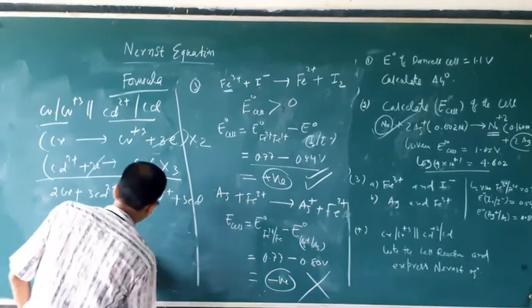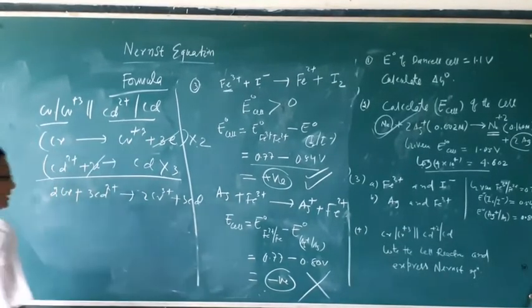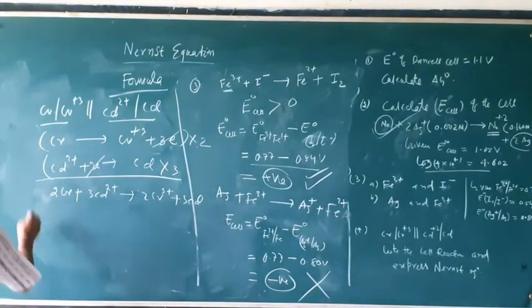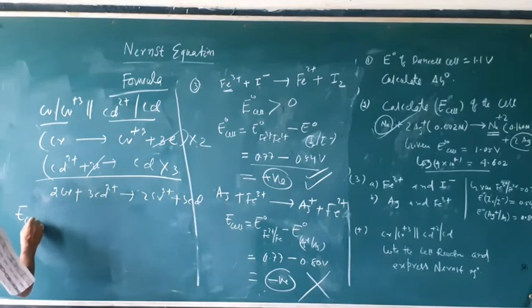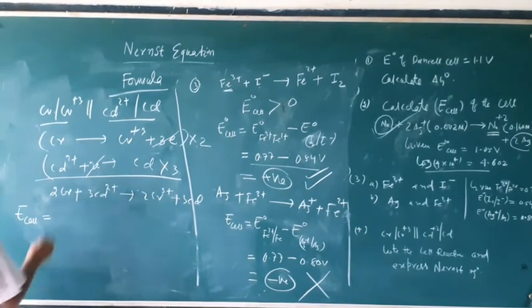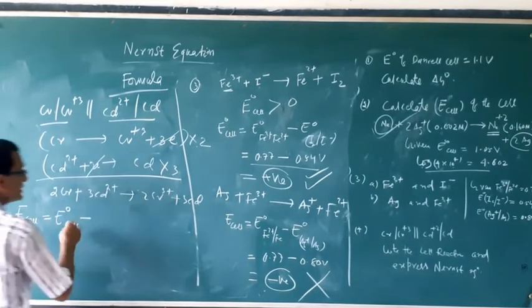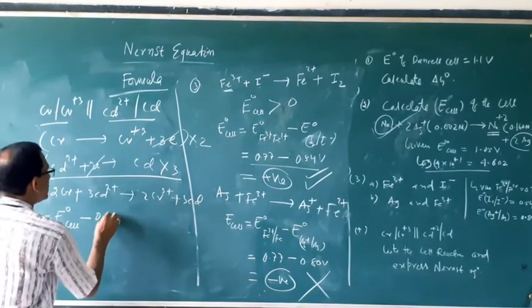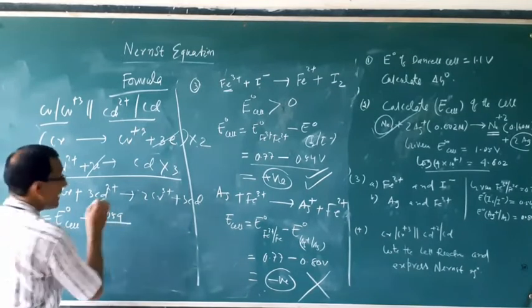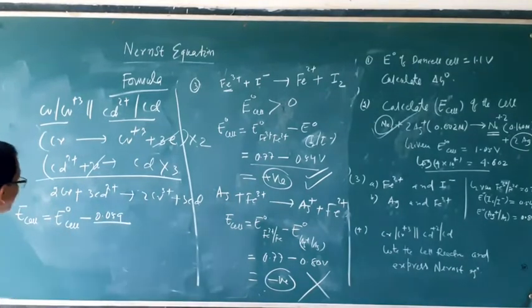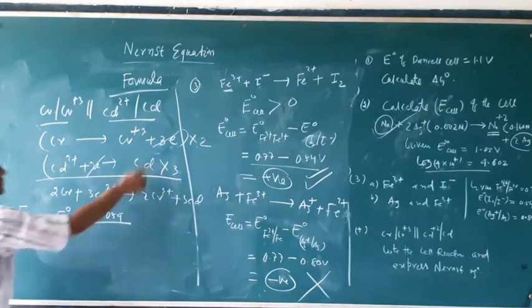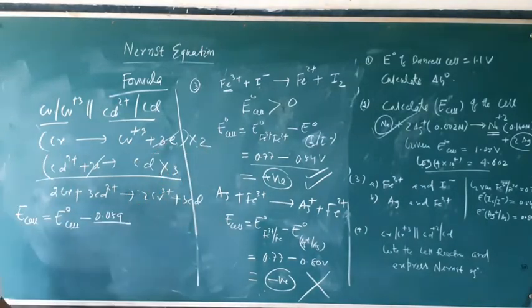As per the Nernst equation, we have already written that E of cell is equal to E naught of cell minus, in standard state, 0.059 by n. What is the value of n here? You see here 3 multiplied by 2, that is 6.